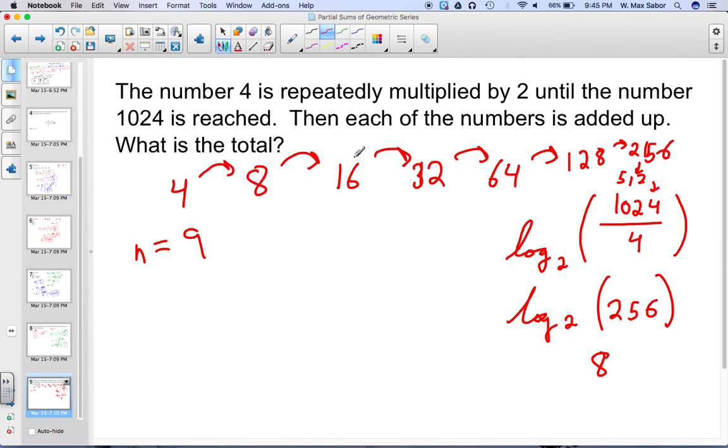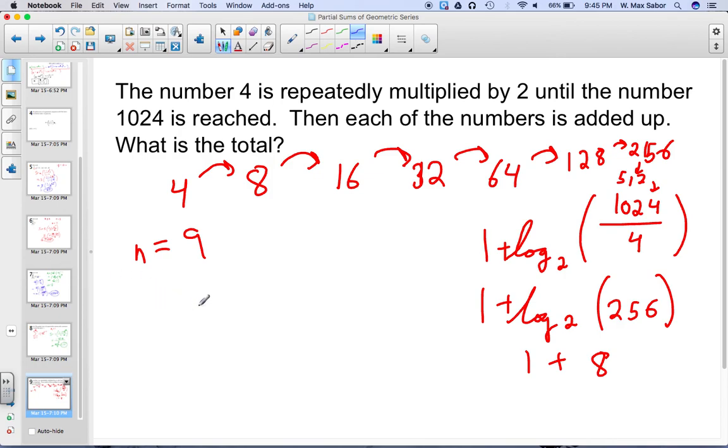So we have 1, 2, 3, 4, 5, 6, 7, 8, 9. Either way will work. So 1 plus might be the formula that you may want to memorize. 1 plus log base, whatever that number is, of our final number divided by the original number. Then each of them is added up. So that's why we're finding a series.